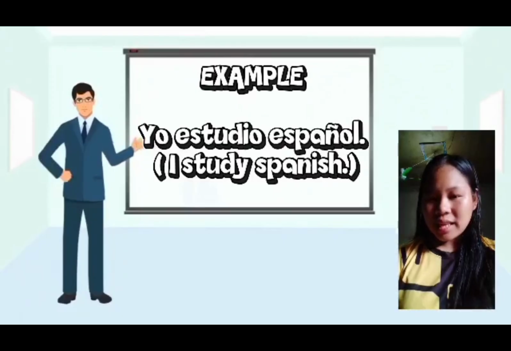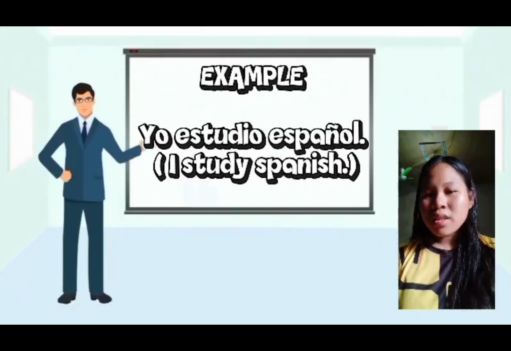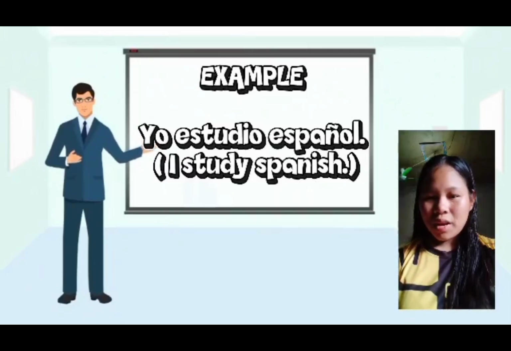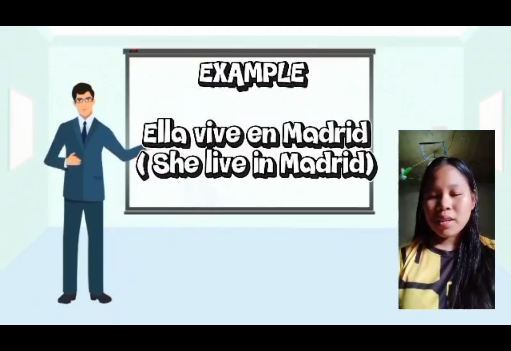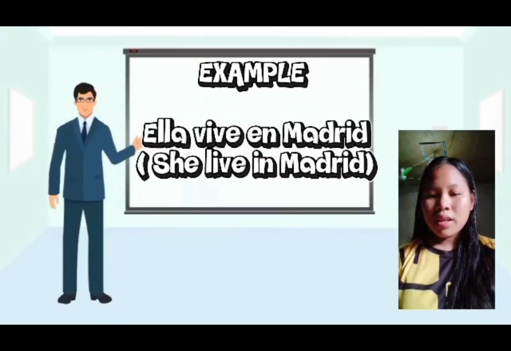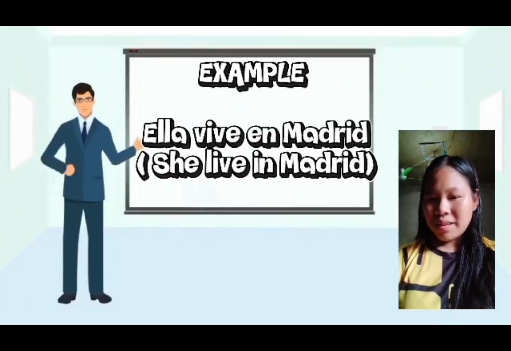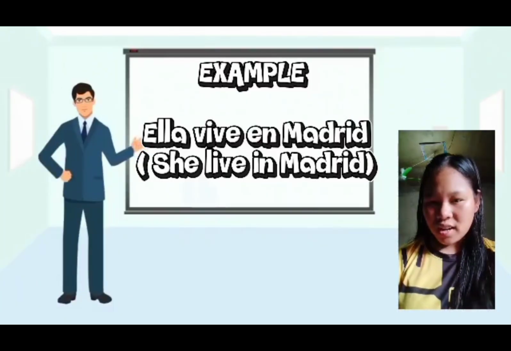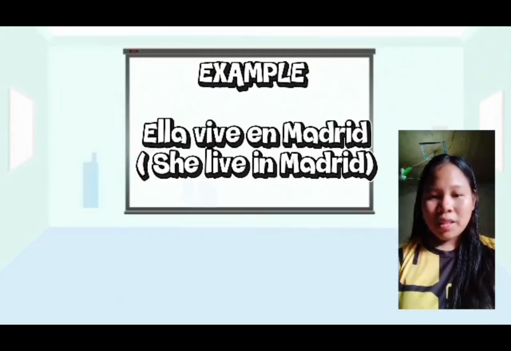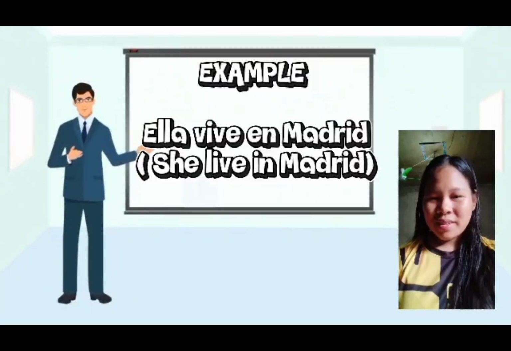This sentence states a fact with I as the subject, study or estudio as the verb, and español as the object. The last example is Ella vive en Madrid, or in English, she lives in Madrid. This is an affirmative sentence of a location. It affirms that living in Madrid is her current residence.